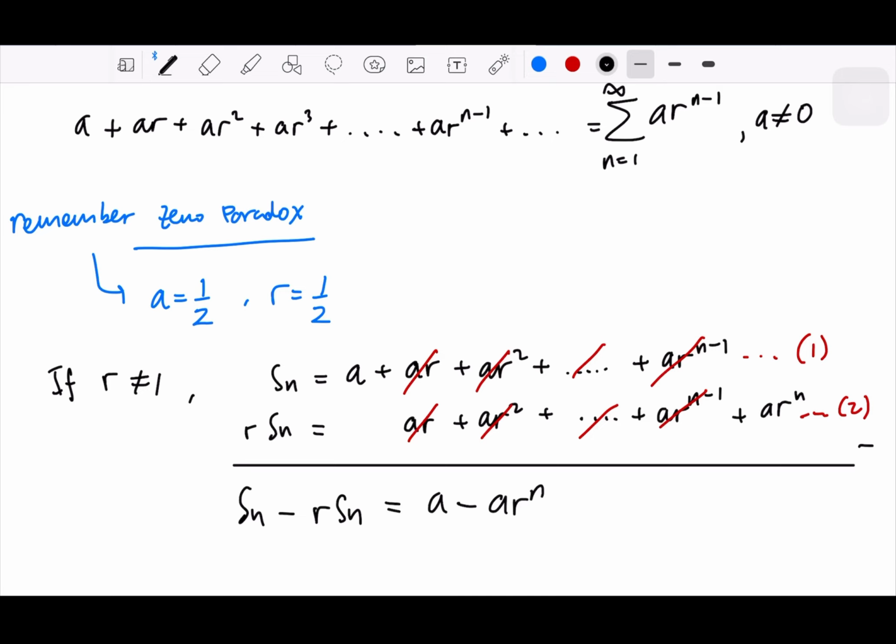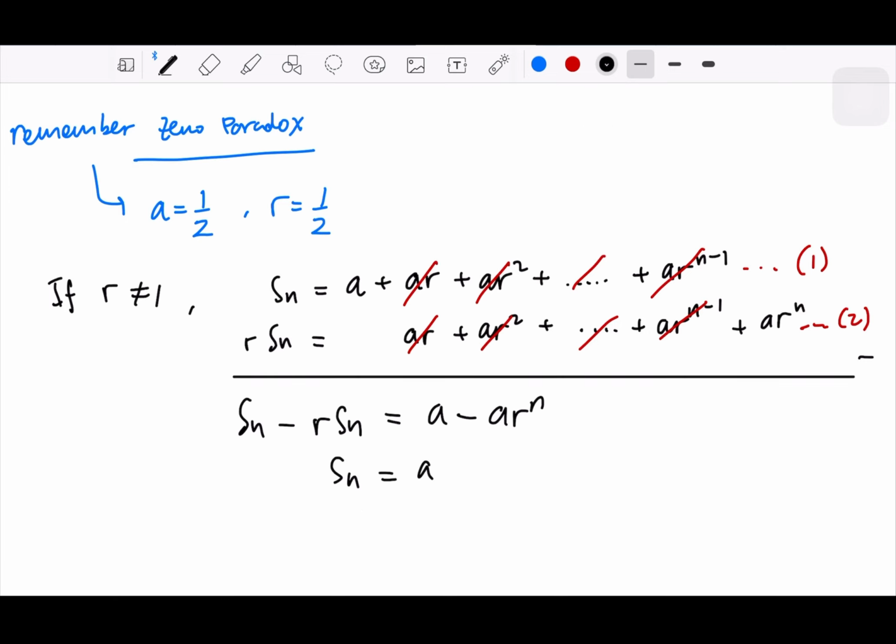Let's simplify and factorize the Sn. So Sn will be A times 1 minus R to the power of n, divided by 1 minus R.